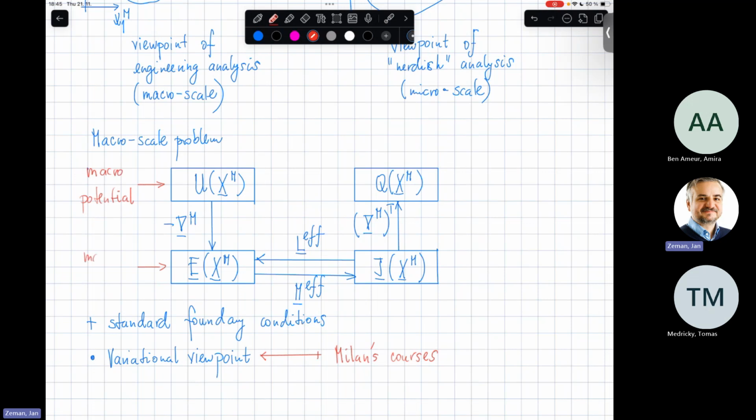This is my micro intensity. This is my macro, or engineering, or whatever flux. And this is my micro source field.